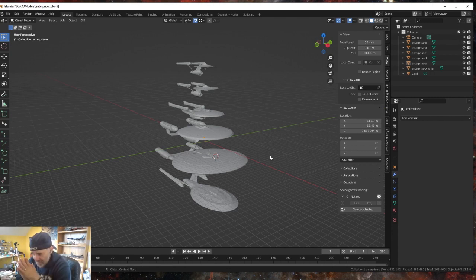I build model ships over here. I build United States Navy ships and stuff like that. So I just love ships, even fictional ships from Star Trek. I am not a Star Wars fan, but I like detail. I like realism in those models.